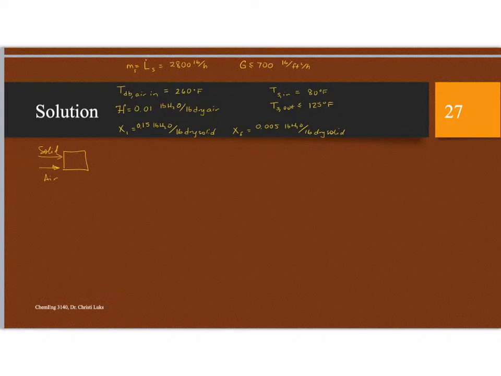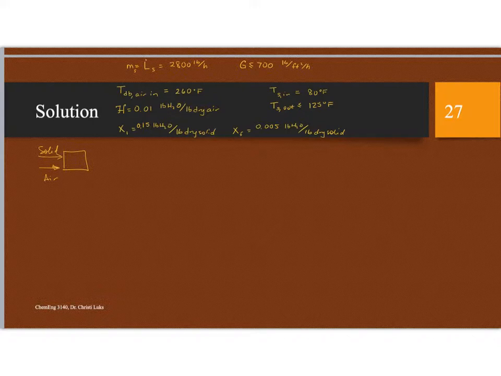Do I want to operate this concurrently or countercurrently? And in this particular case, because the material we know is heat sensitive, we want the air to come in with the material to be dried. So it will be co-current operation, okay? And that's because it's heat sensitive.